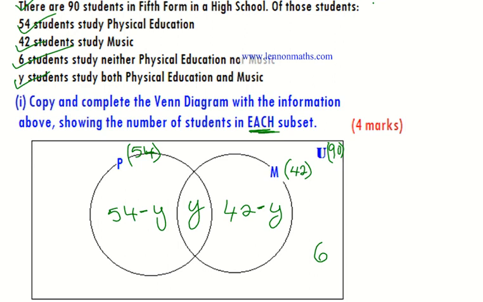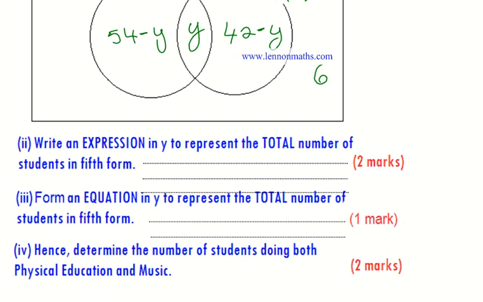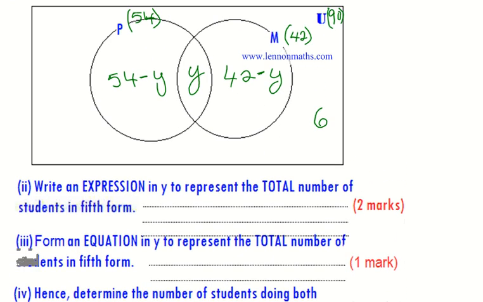So completed number 1, and we see the information is shown in each subset. This subset is P only. This subset is the intersection of P and M. This subset here is M only, and this subset is neither M nor N. Okay, so now we're at question 2.